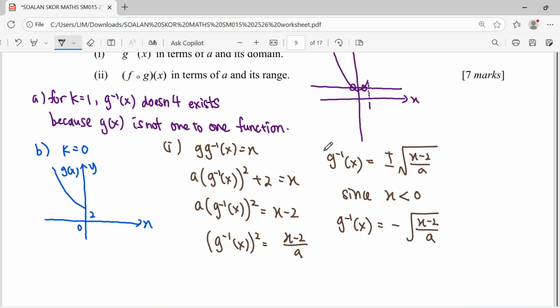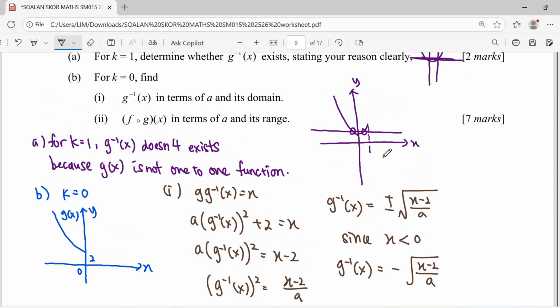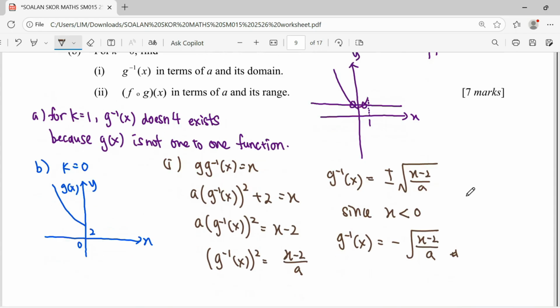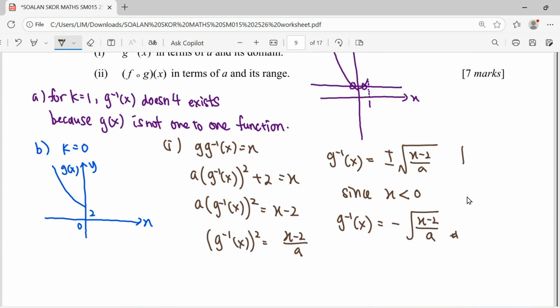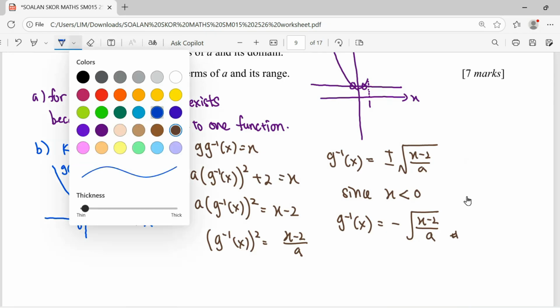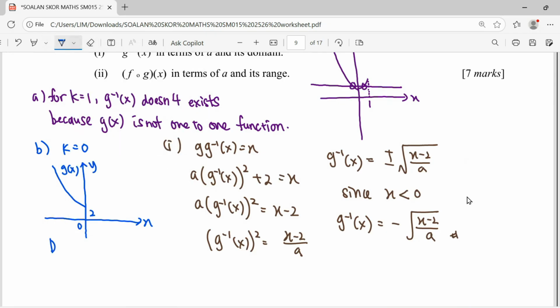The question asks us, after you find g inverse in terms of a, to state its domain. So for the domain of g inverse, we refer to the graph of the function. The domain of the function now is x less than 0, meaning negative infinity to 0.